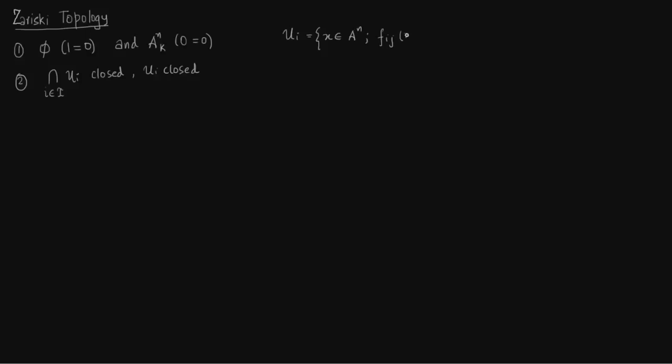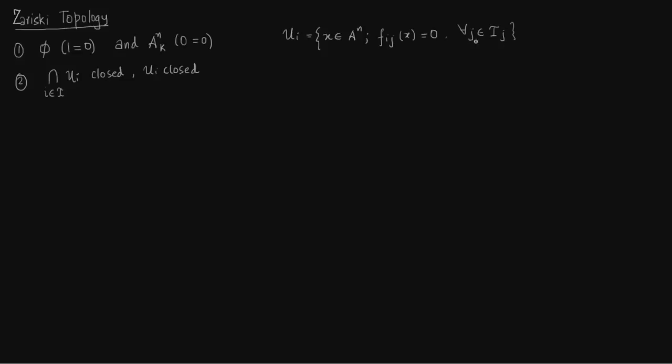The first index stands for the set U_i, and the second index stands for the collection of polynomials which define the set U_i. For example, U_1 just could have two polynomials, f1 and f2.